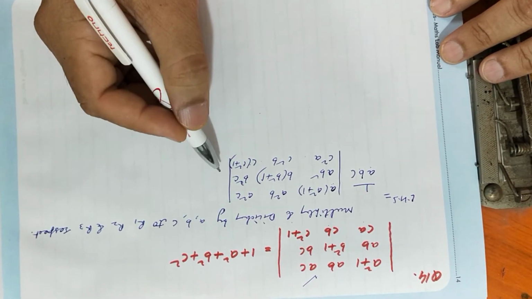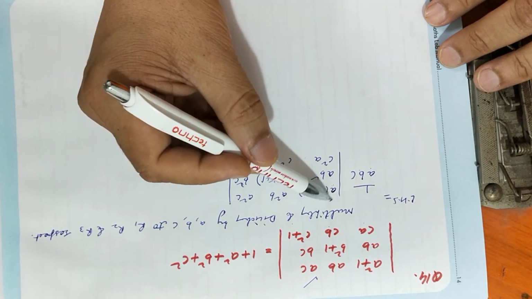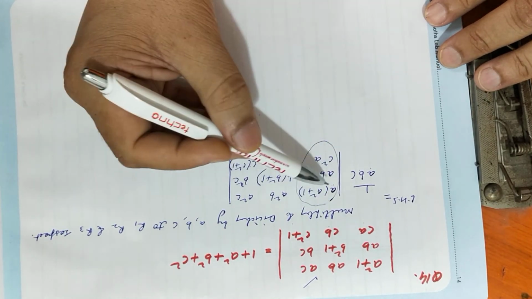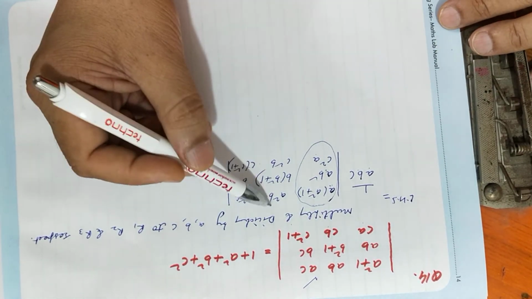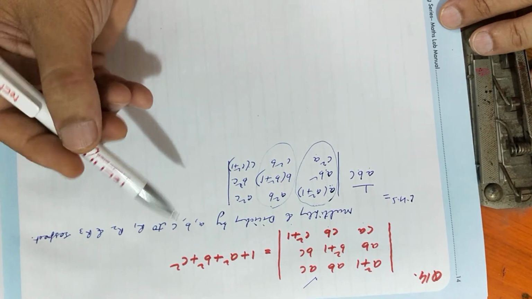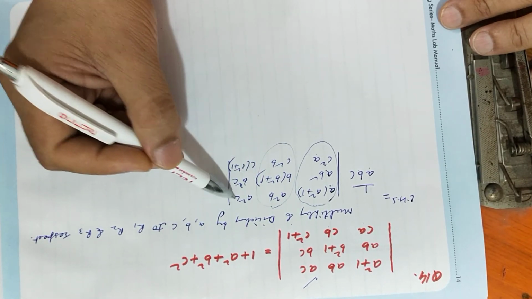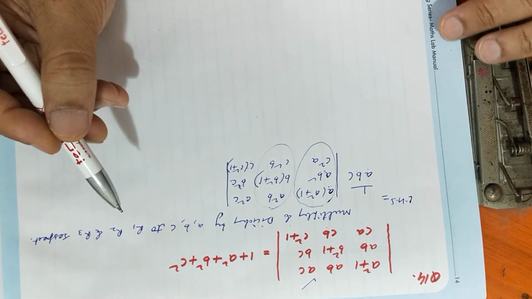Got it? Now look carefully at this column. In this column, a here, a here, a here, we can take out a as common. In this column, b, b, b, we can take out b as common. And similarly in this column, c, c, c, so we can take c as common.